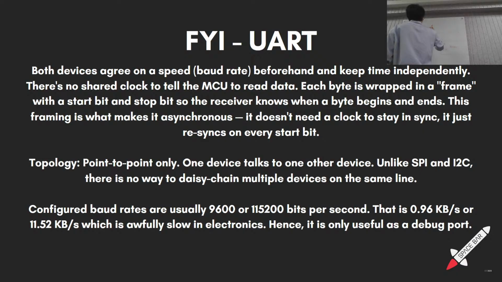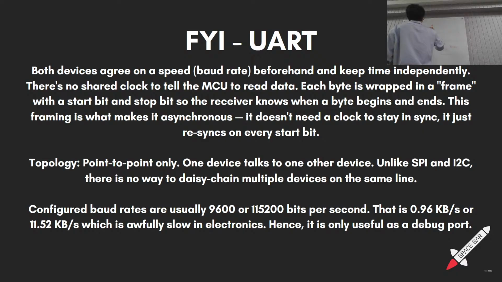This is parity or no parity, if I remember. N means no parity, so this can be missing also. But essentially your baud rate measures this, and your actual data rate is this.